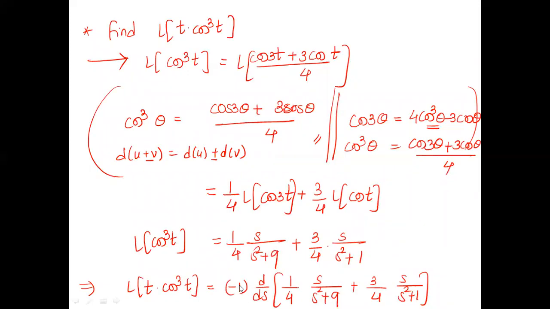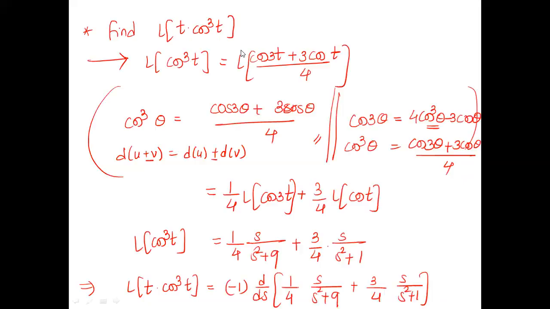Right. So minus 1 into derivative of this, minus 1 you can keep outside, and then we multiply inside by derivative d by ds to both the terms. So it is minus 1 d by ds of first term.